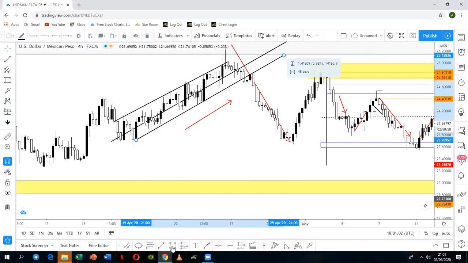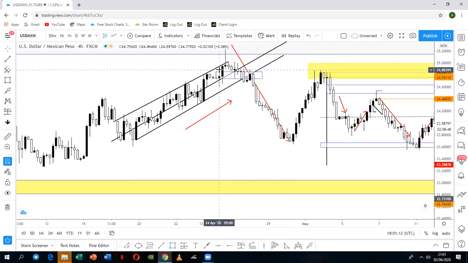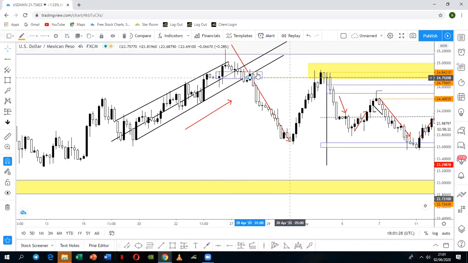You need to mark the most recent higher low, which is this one. So price falls below the previous higher low. This is your entry.